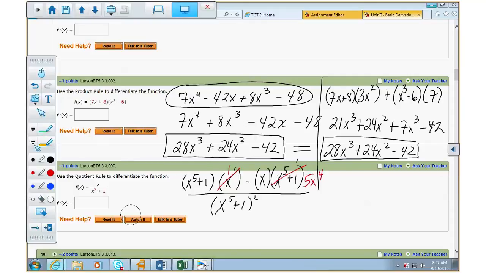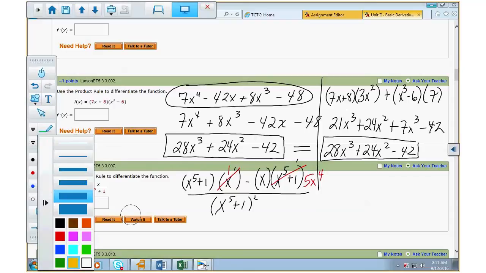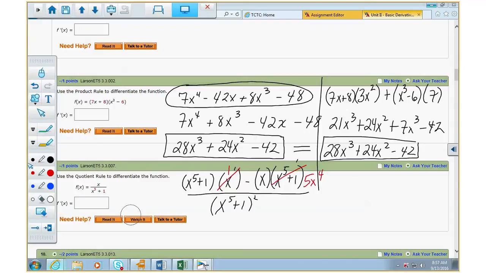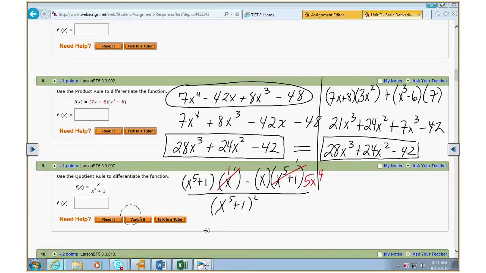So that's going to be x to the fifth plus 1 minus x times 5x to the fourth. And of course, that's to the first and that's to the 1. So 1 times 5 is 5, and x to the first times x to the fourth is x to the fifth.